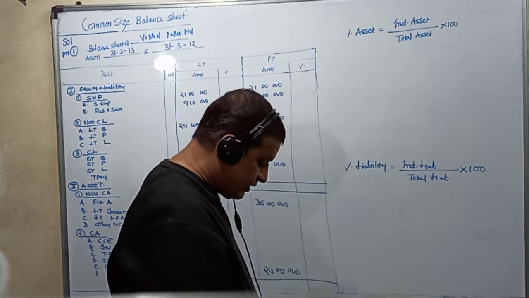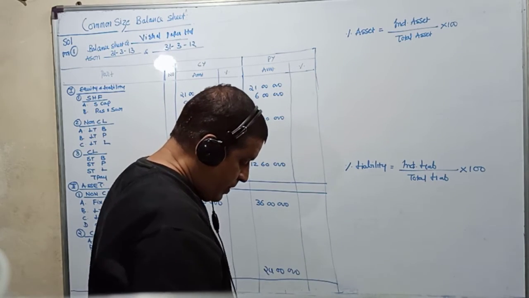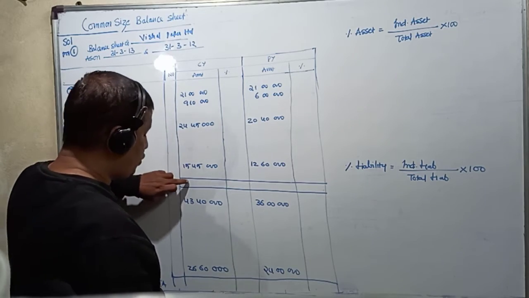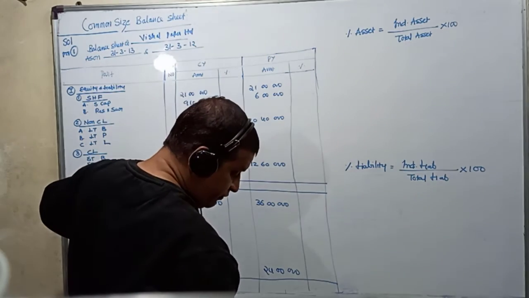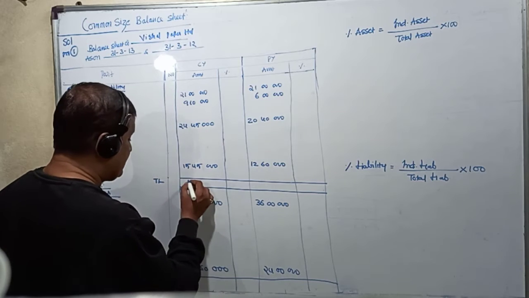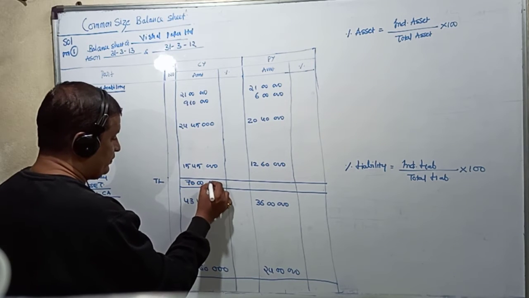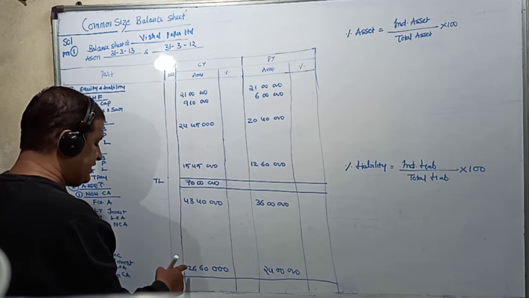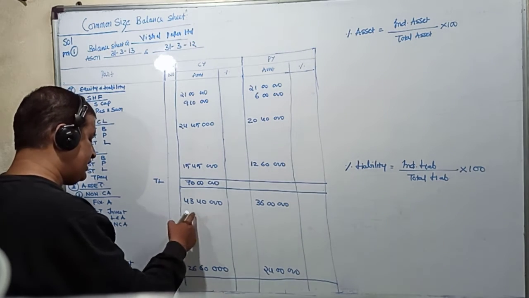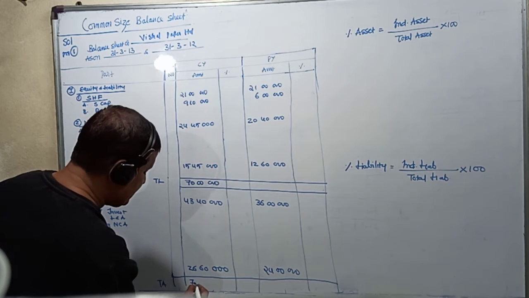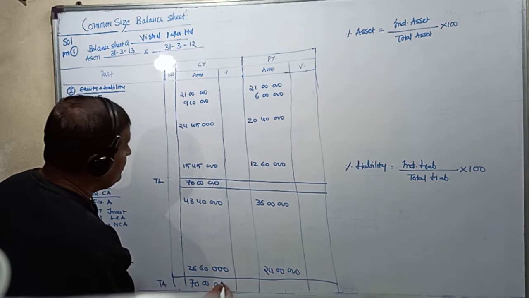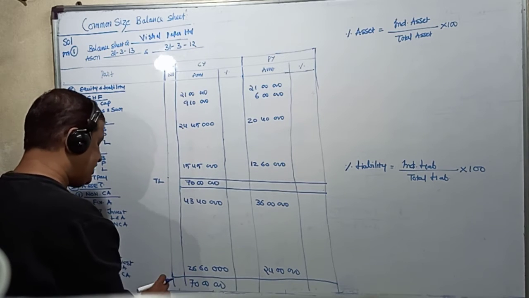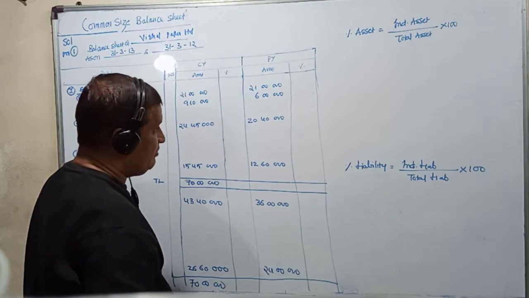Now if you take the total of this, it is 70 lakhs. So the current year total liabilities and total assets are the same.